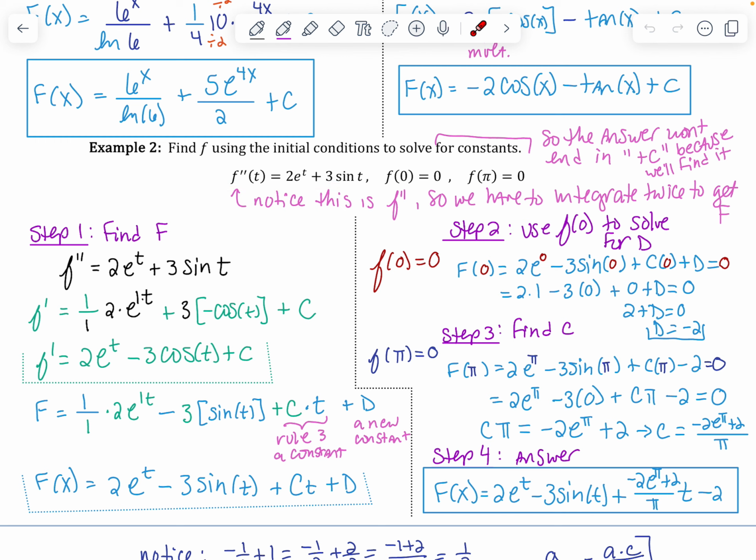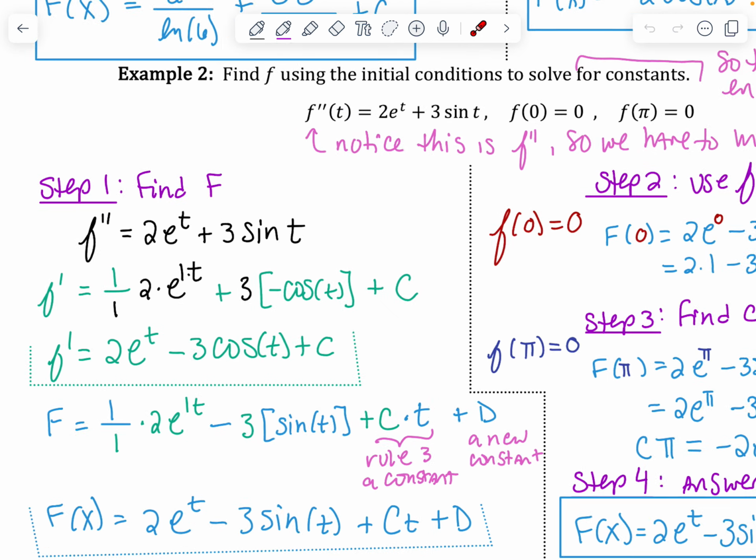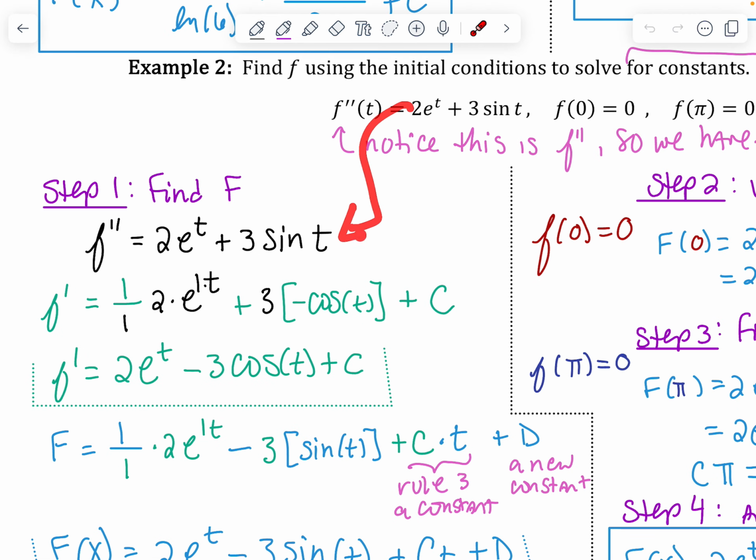So a single f prime we assume is the derivative, but they notated that this is the second derivative, so I'm going to have to integrate twice to get f. I know I want f because my 2 initial conditions just have f here. If I had had an initial condition like f prime of 0 equals 10, whatever it may be, then I would only need to take the antiderivative, also referred to as the integral, once, so I could use that initial condition. But both of these initial conditions are down to the original.